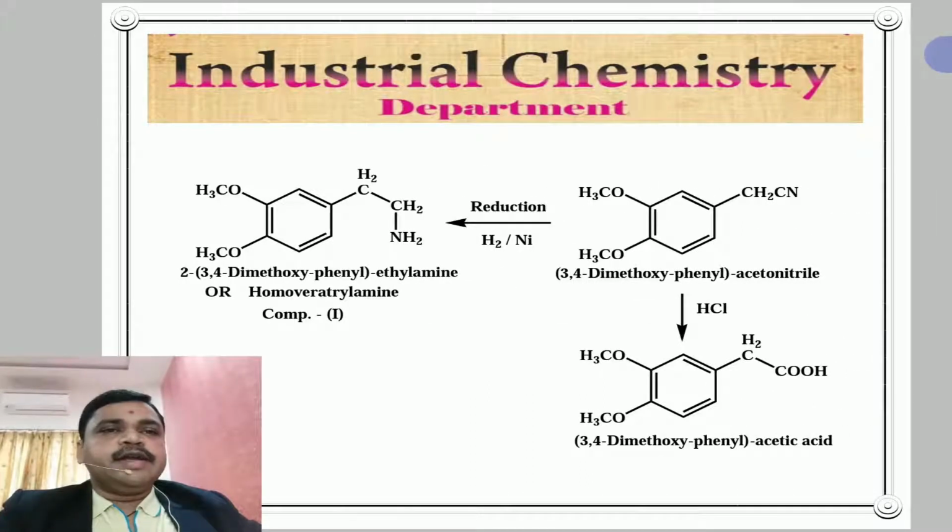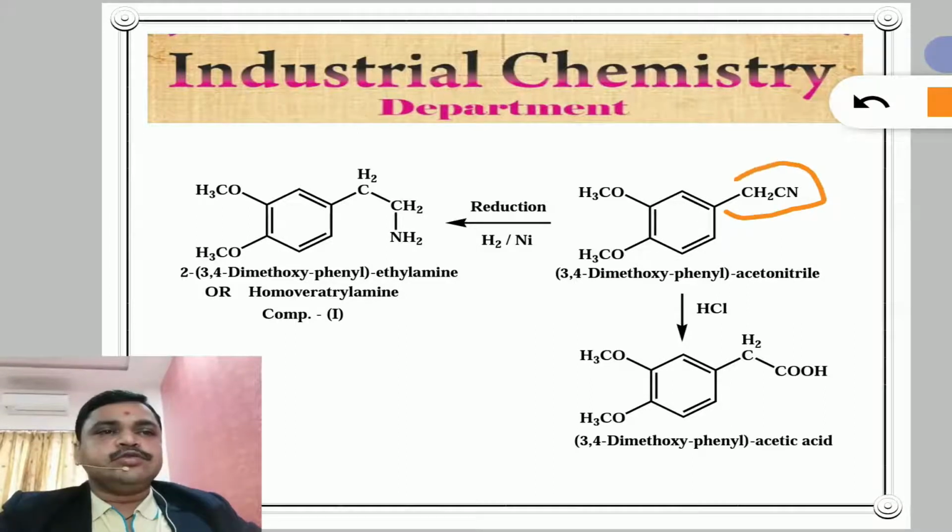So first of all we see the reduction. Here our acetonitrile CH2CN group is converted into CH2NH2 on reduction.